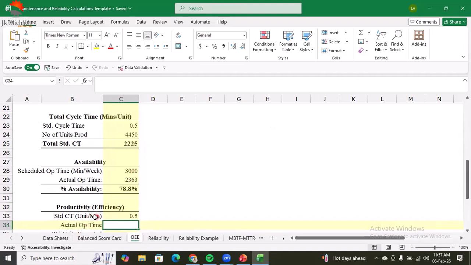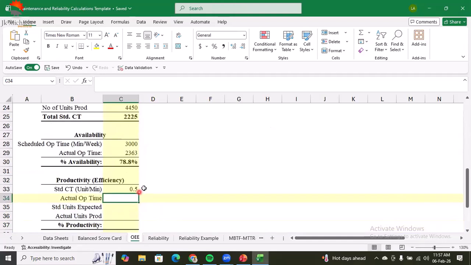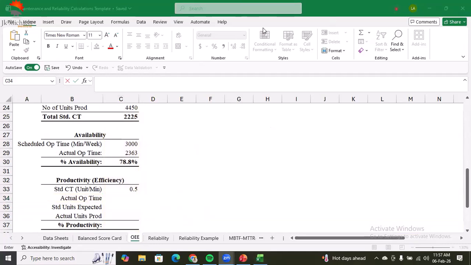We have 0.5 units produced in a minute. And then we have our actual operation time being, I think I'm just going to start this second version totally.